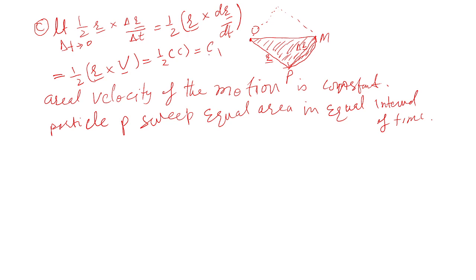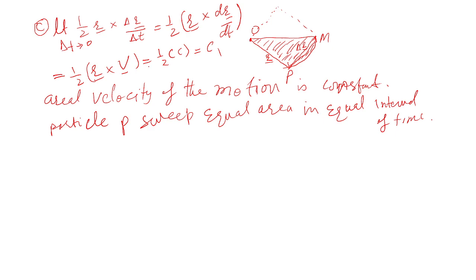That means the ratio between area and time remains constant for a planet. That means equal area is covered by the planet in equal intervals of time. In other words, particle P sweeps equal area in equal intervals of time. So this is one of the 3 Kepler laws.